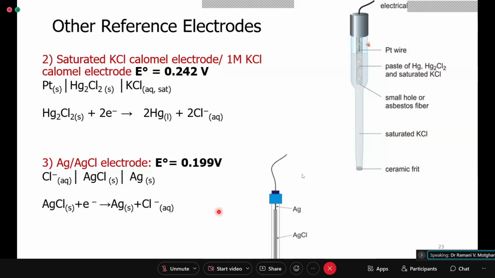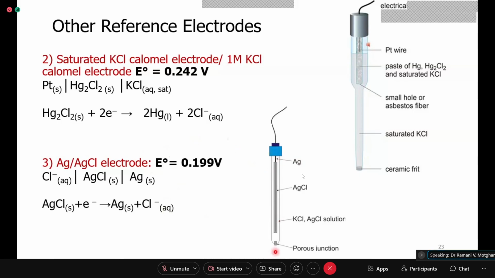The potential of this electrode is 0.199 volt. The diagram for this silver chloride reference electrode is a silver wire coated with silver chloride, and you will have a solution of HCl inside with a little quantity of silver nitrate, so that AgCl will precipitate, or it is saturated with AgCl.